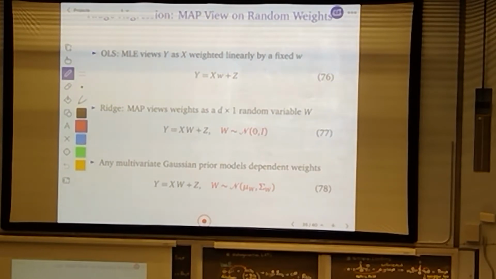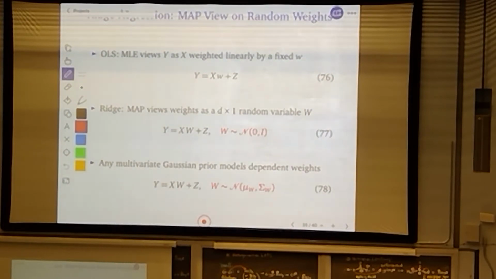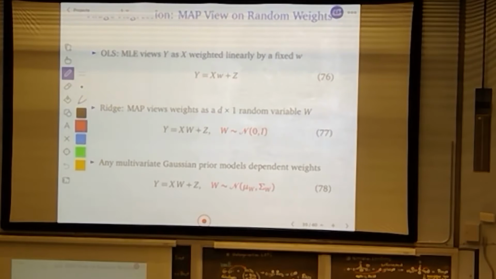And now we talk about the random weights in the model space. In the ordinary least square model, the maximum likelihood estimation views y as x weighted linearly, where w is fixed, and adds some Gaussian noise.